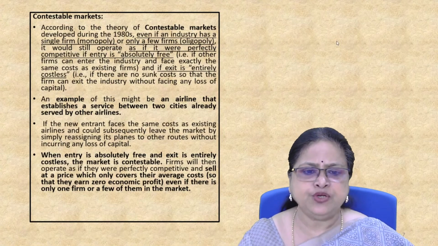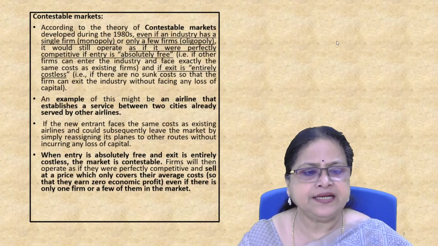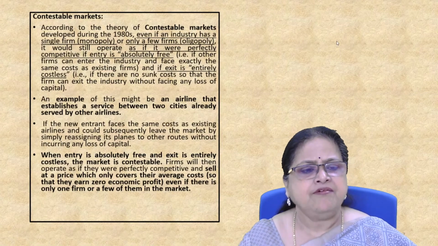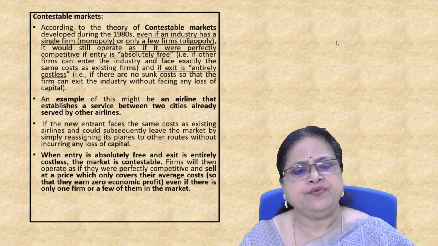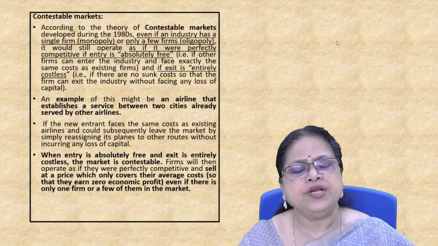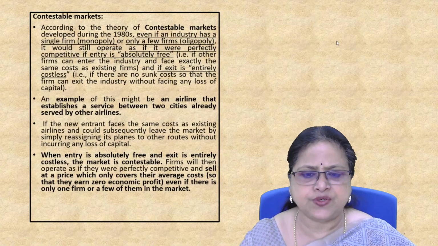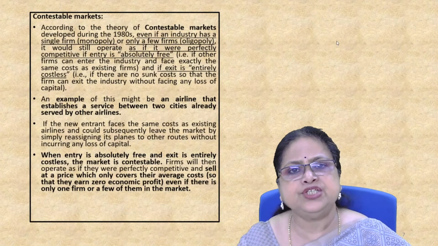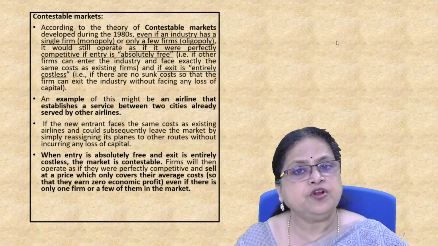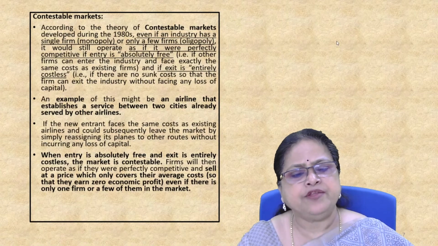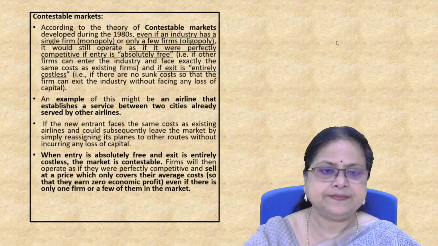When entry is absolutely free and exit is entirely costless, the market is contestable. Firms will then operate as if they were perfectly competitive and sell at a price which only covers their average cost. That is, P is equal to AC, so that they earn zero economic profit, or normal profit, even if there is only one firm or a few of them in the market.